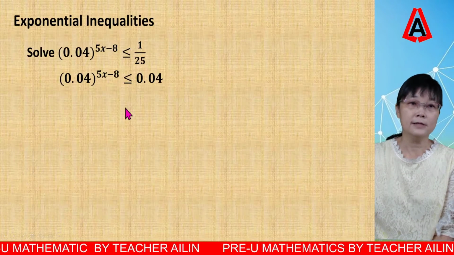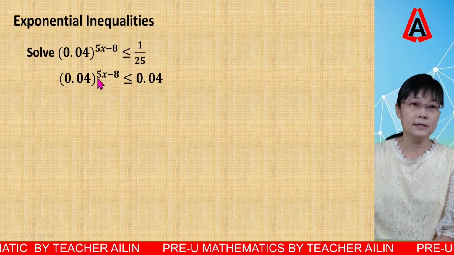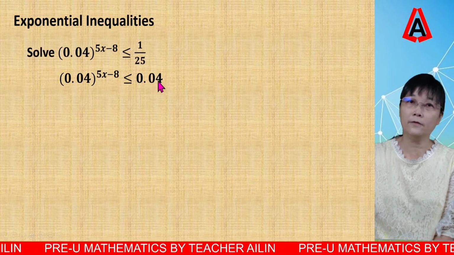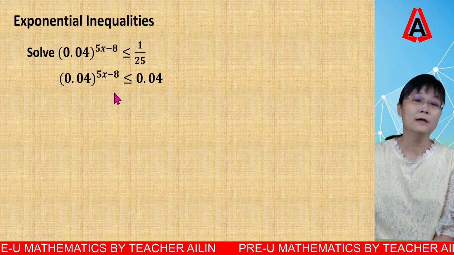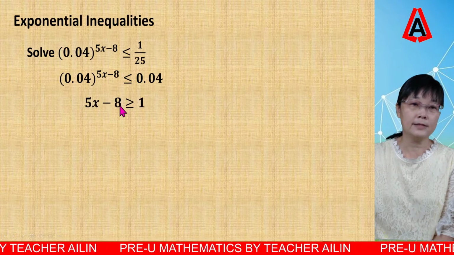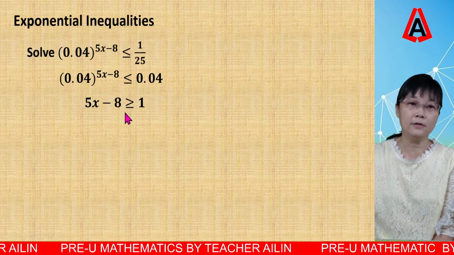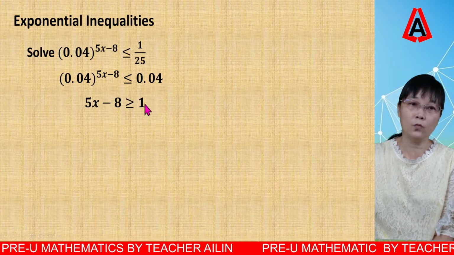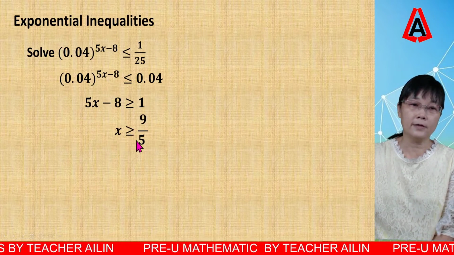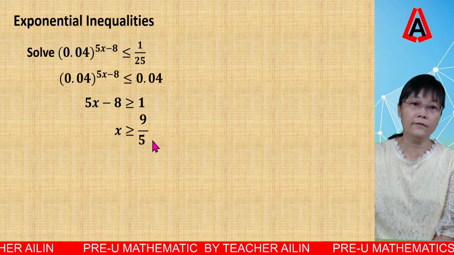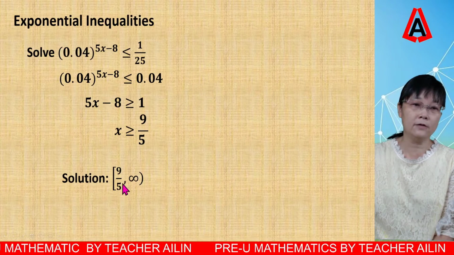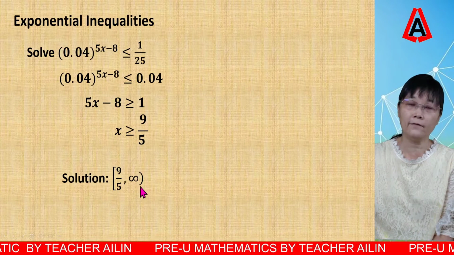So for this question, since the inequality is less than and the base is 0.04, which is less than 1, therefore the exponent 5x minus 8 is greater than or equal to the exponent 1. From here, we find that x is greater than or equal to 9 over 5. Then the solution is x is greater than or equal to 9 over 5.